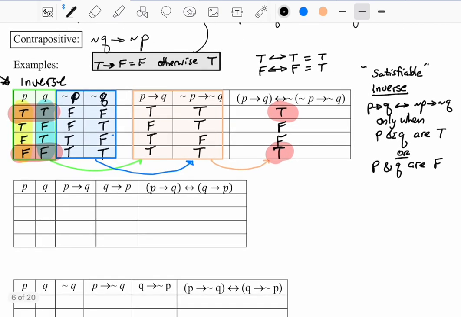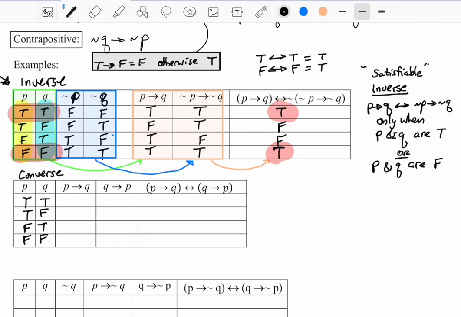The next instance is the converse. All right, so same initial structure. True and true, true and false, false and true, false and false.